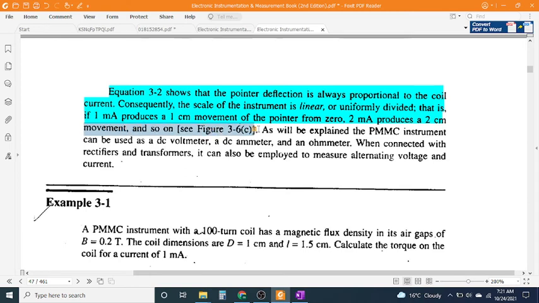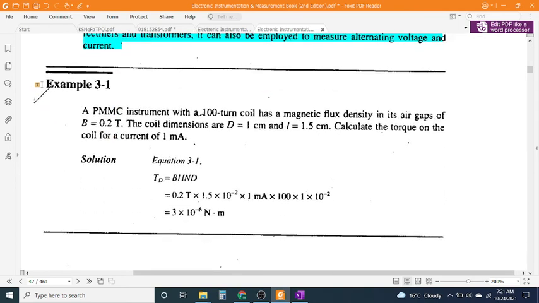See figure 3-6C. As will be explained, the PMMC instrument can be used as a DC voltmeter, a DC ammeter, and an ohmmeter. When connected with rectifiers and transformers, it can also be employed to measure alternating voltage and current.